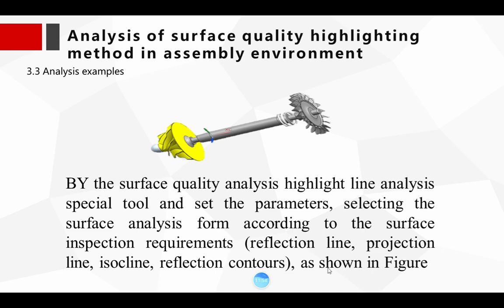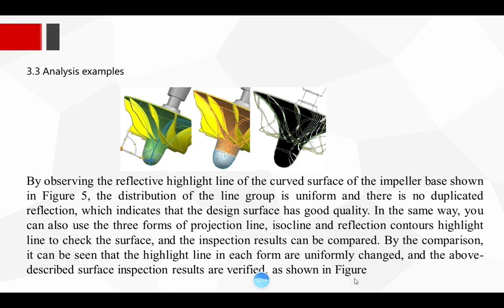By the surface quality analysis, highlight line analysis, special tools, and setting the parameters, we select the surface analysis form according to the surface inspection requirements. We can use the 3 or 4 tiles just shown in the picture like this.